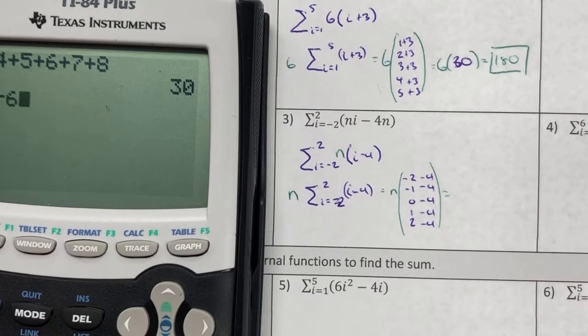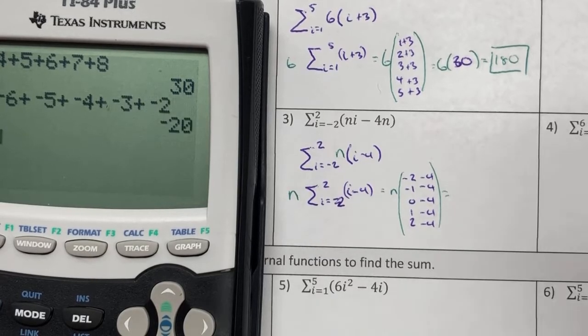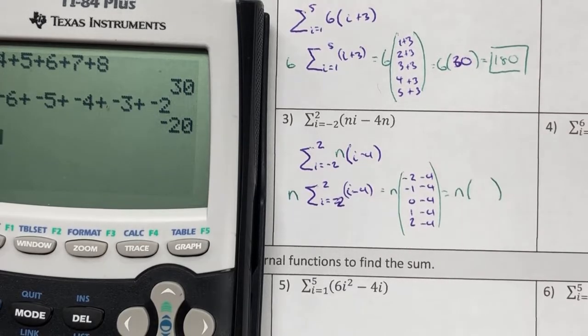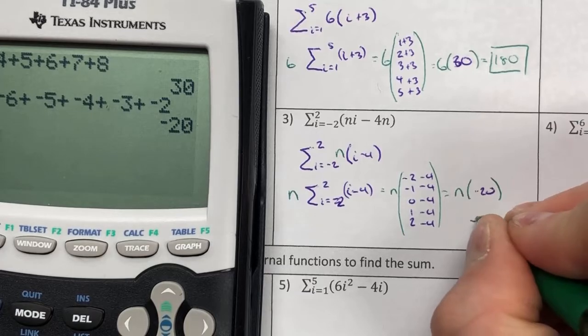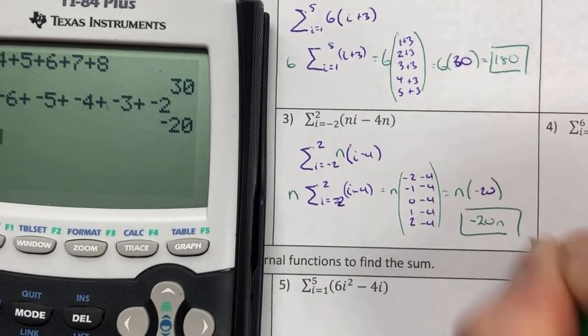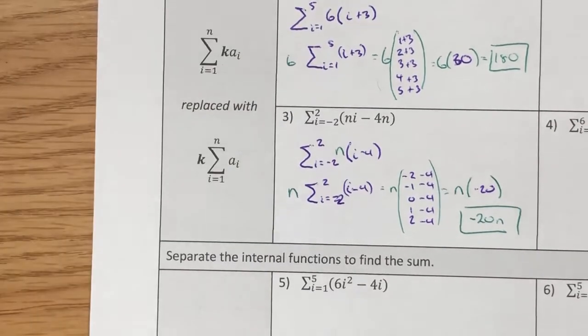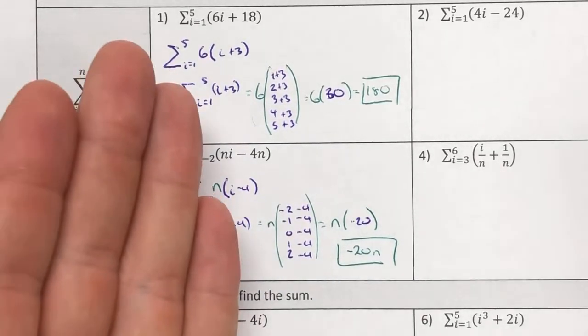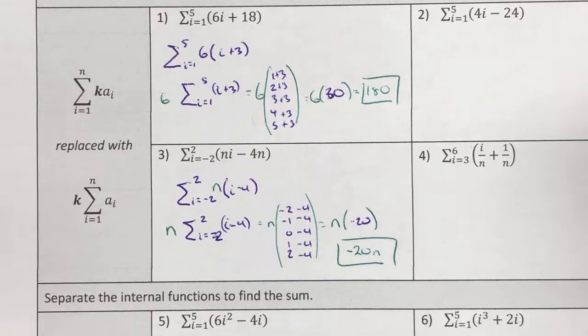So we'll have negative 6 plus negative 5 plus negative 4, negative 3, and negative 2. n times negative 20, which will give us a grand total of negative 20n. There we go. So we see that if there is a constant in the function, it makes the work a little easier to pull that constant out.